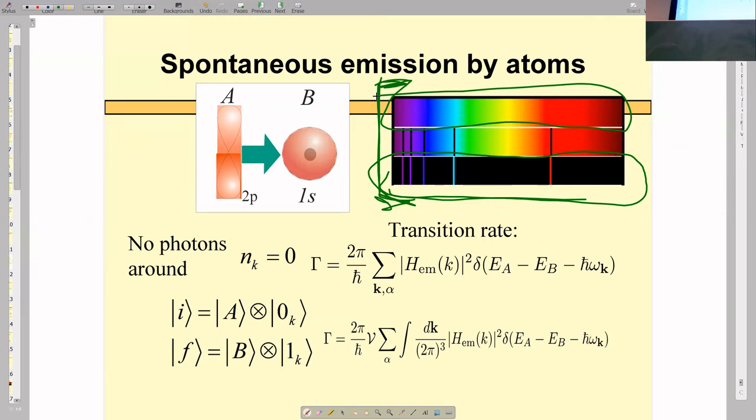Because every atom emits in a different line. So the atom is supposed to be the same, and the sun consists of, if I'm not mistaken, 70% of hydrogen and 30% of helium, something like that. And all hydrogen and helium atoms are the same.